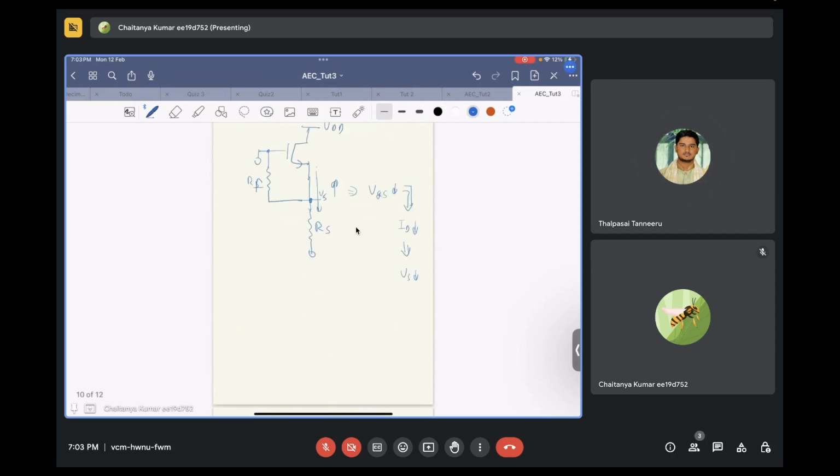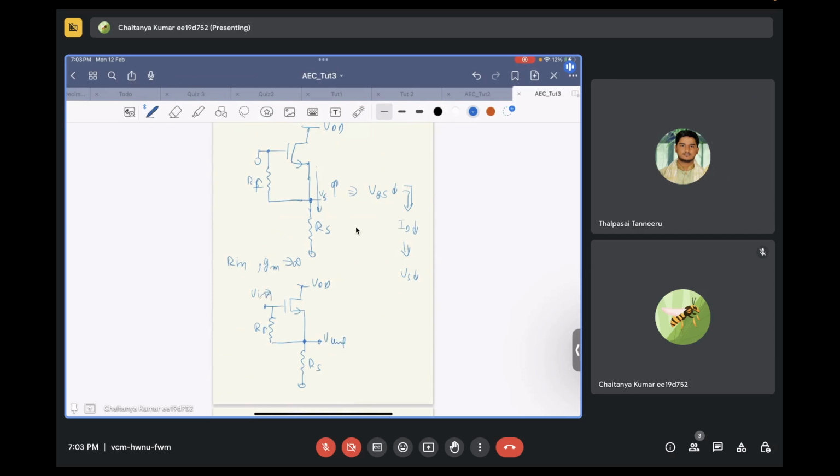Now we know that the circuit is in negative feedback. This is V in, and we need to find out R in when GM tends to infinity. There is RF over here, RS over here, and here is V out.